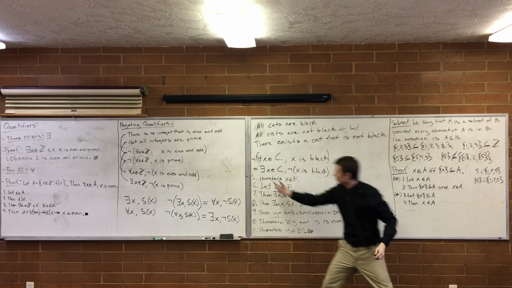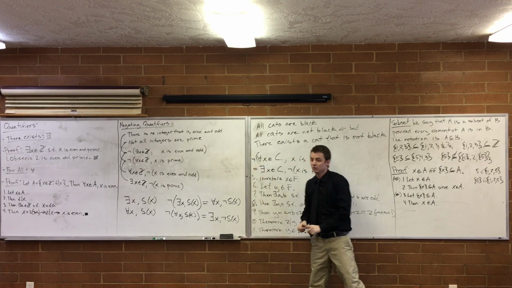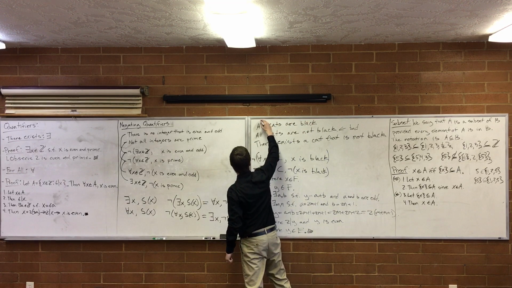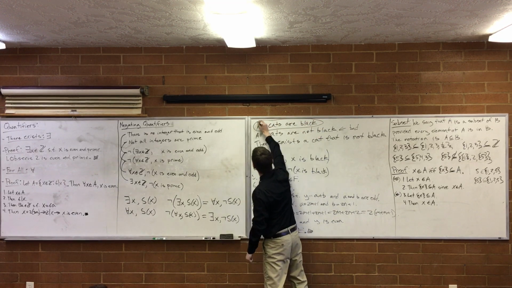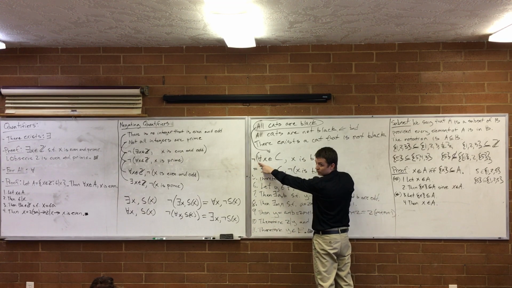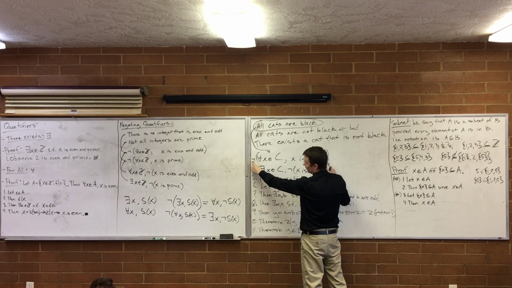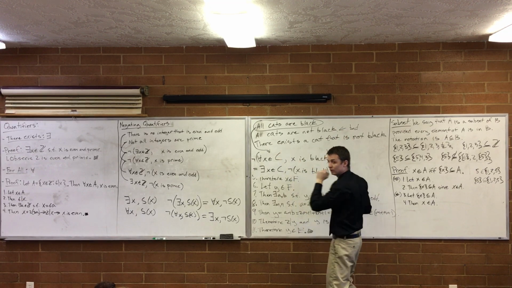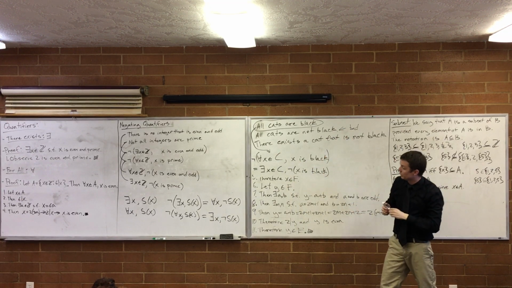So the contradiction of the top one is specifically not saying all cats are not black. This statement is inside the parentheses, and the not of that statement is not this, it's this. So that's how you distribute a not.